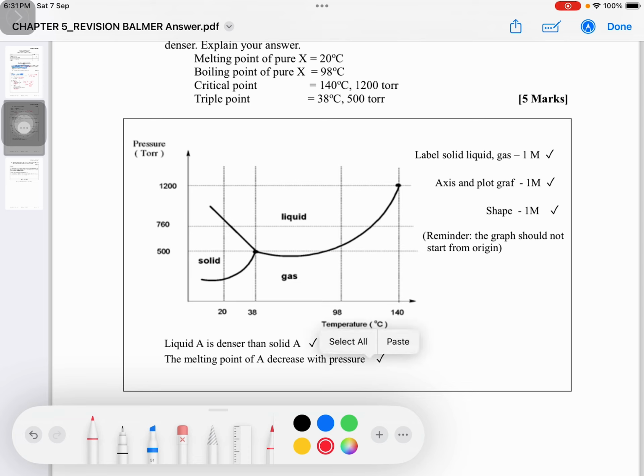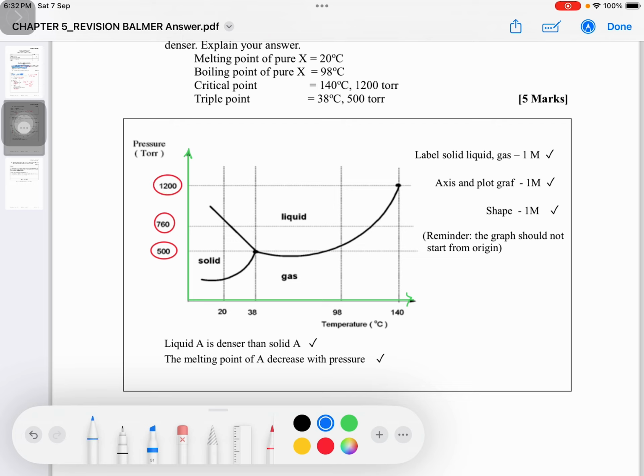First of all, to sketch the phase diagram, you must draw the axes. The y-axis is pressure in torr, and the x-axis is temperature in degrees Celsius for X. Then we mark the pressures: 500 torr, 760 torr, and 1200 torr.